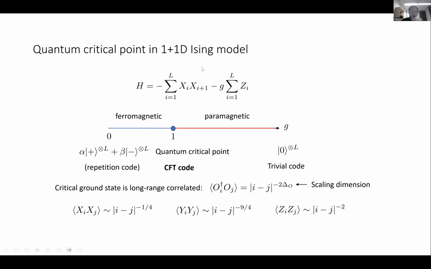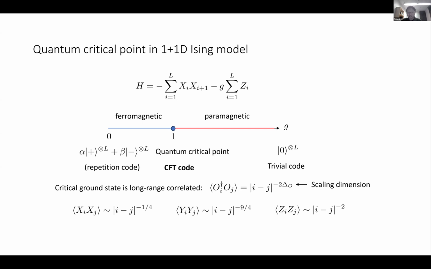You have this sigma x interaction between two nearest neighbor qubits, and then you have a transverse field, sigma z, which has a coefficient g in front of it. If you tune g from 0 to infinity, you will observe some quantum critical behavior in the ground state of this Hamiltonian. To see that, you first tune g to infinity, and then you see that the Hamiltonian only has one term, which is sigma z on every site.